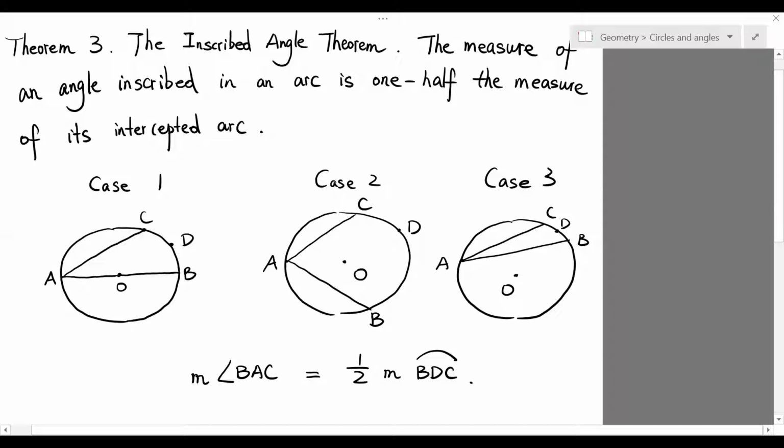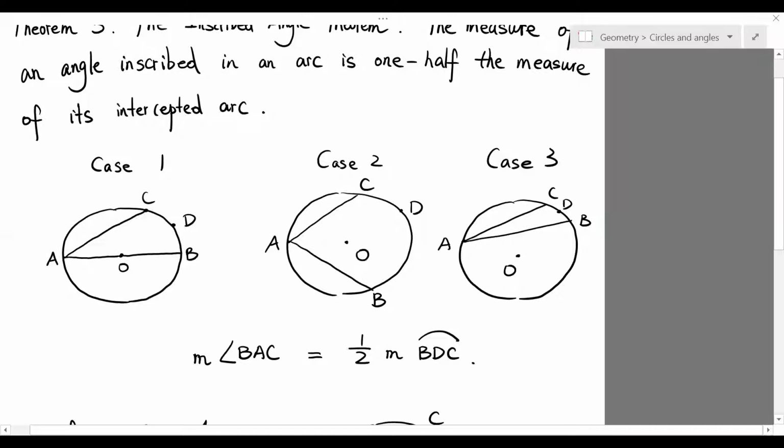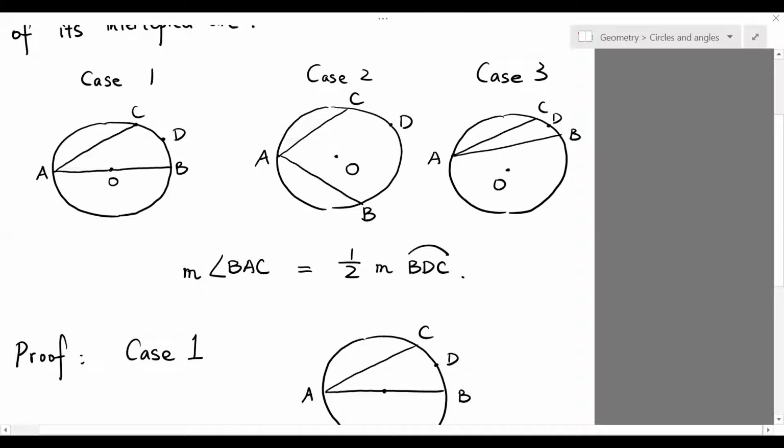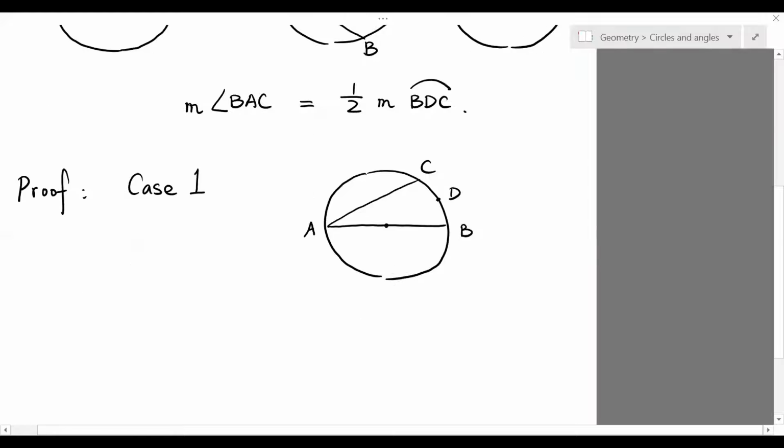We're going to begin with the fundamental case, namely the first case. In case 1, we are assuming that the center of the circle is on one edge of this angle. Let's think about what we really want to prove here.